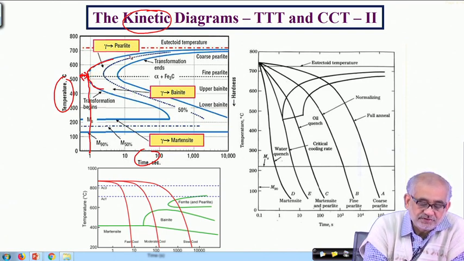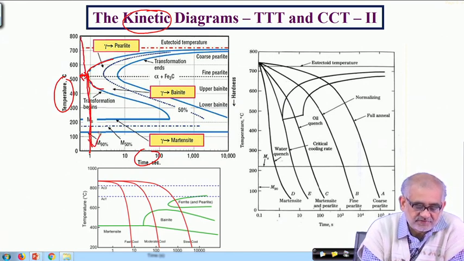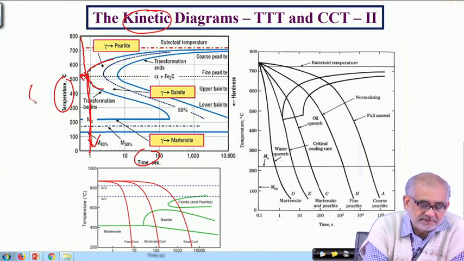So if I need to intersect the start line or the curve which is designating the starting of the pearlitic or bainitic transformations, then I need to employ a cooling rate which is very, very fast. So our ability to avoid intersecting any of these lines will be determined by the gap between the temperature axis and the tip of this knee, and this is called critical cooling rate.